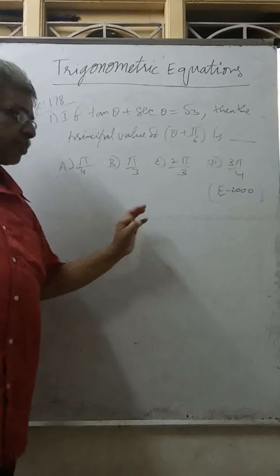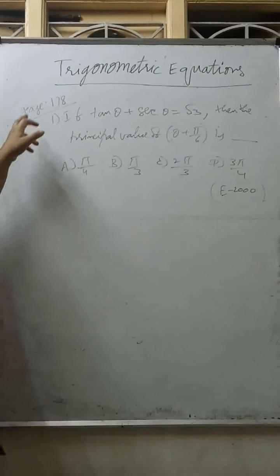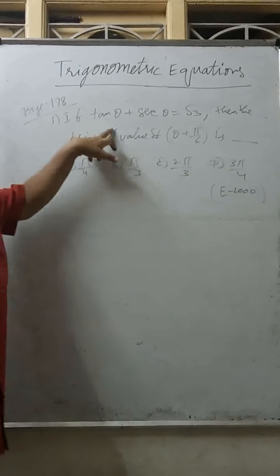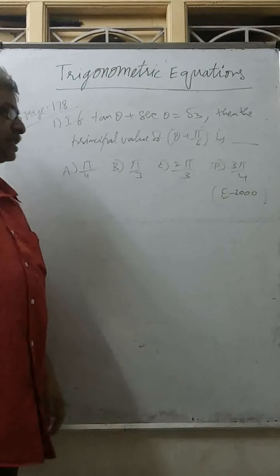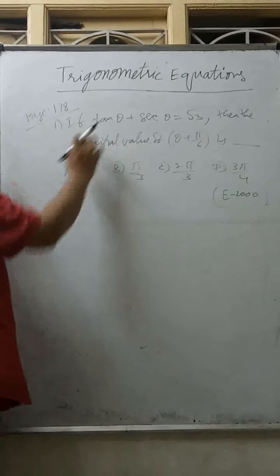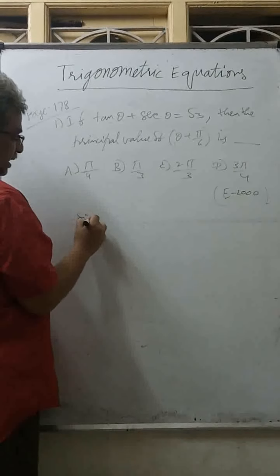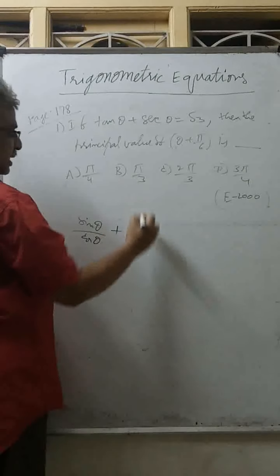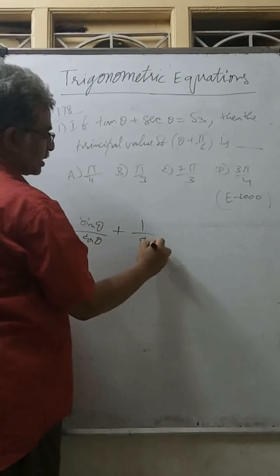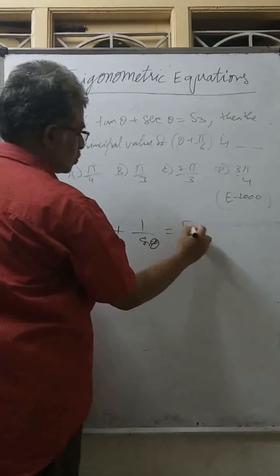Now we will discuss some of the answer questions and JEE questions in this chapter. If tan theta plus secant theta equal to root 3, then the principal value of theta plus pi by 6 is. Just, tan theta I can write as sin theta by cos theta plus sec theta, 1 by cos theta, equal to root 3, is given.